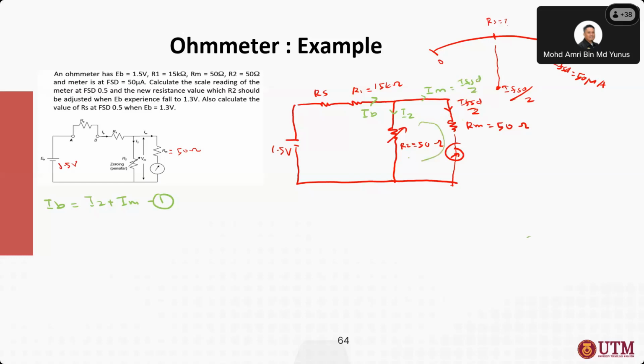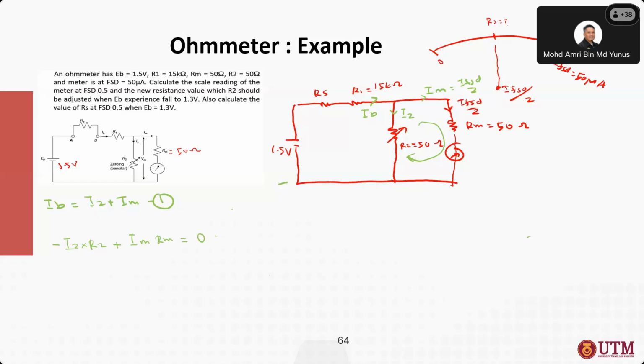So if we apply KVL here, we get negative I2 multiplied by R2 plus IM multiplied by RM equivalent to 0.